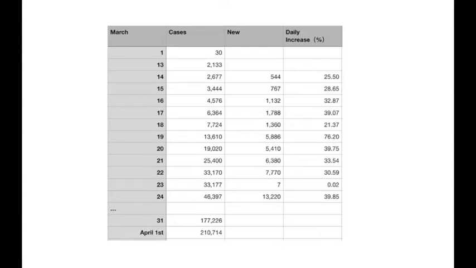Here's a graph of the total coronavirus cases in the United States. Starting from around March 18th, the number goes up and looks almost J-shaped. So from here you can tell it's exponential growth, which we talked about before.